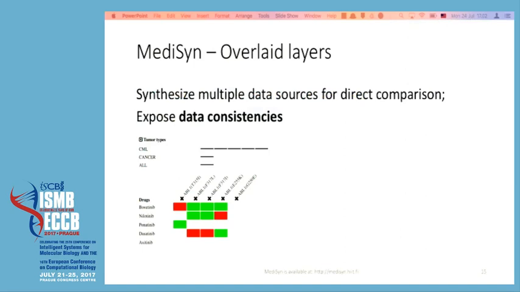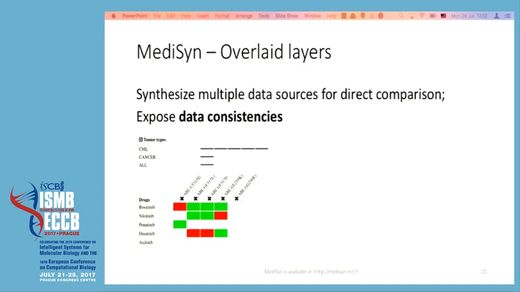We use these overlaid layers to show the data from different sources to facilitate direct comparison. And currently in this view, it shows the data from the CGI dataset, in which the green bars represent the responsive relations between the drug and target, and the red bars show the resistant relations.